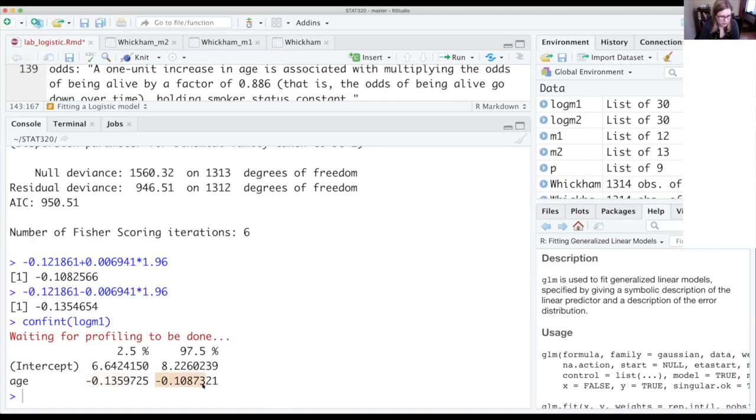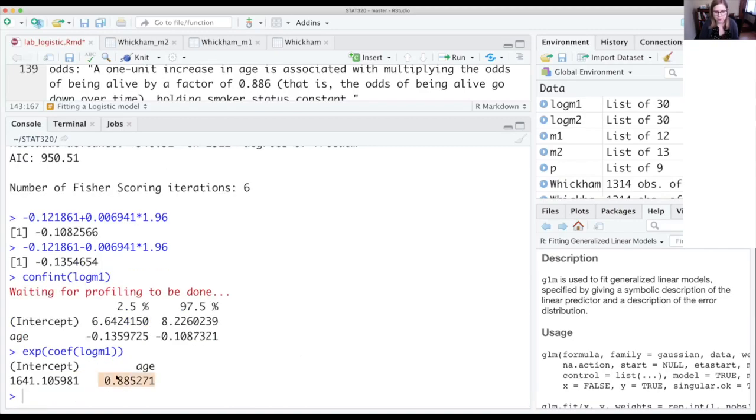Yeah, in one class this week, I got the numbers wrong, and I still don't know why, but this looks the same. Maybe a little bit of rounding error or something, but so with confint of your model, you're going to get the confidence interval in the log odds space. And then the other one asks for a confidence interval for the odds ratio. So the odds ratio is that exp of coef of log m1.